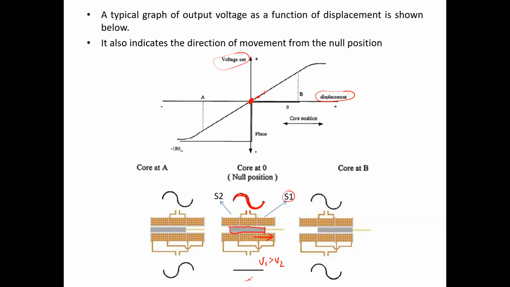So the output voltage will gradually increase with the increase in the displacement of the iron core towards the secondary coil 1. As we move the iron core towards the secondary coil, there would be a position when the secondary coil 2 is not getting any share of the iron core or magnetic core. That point can be defined here as the point B.